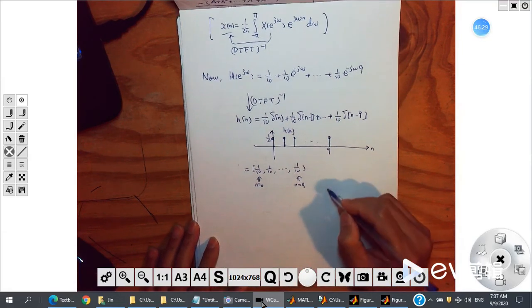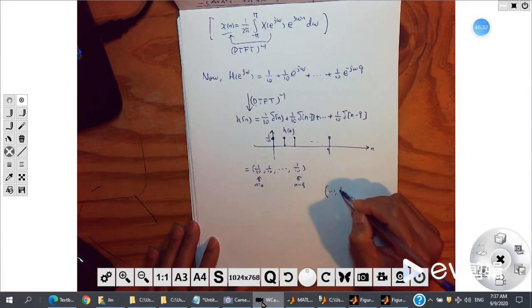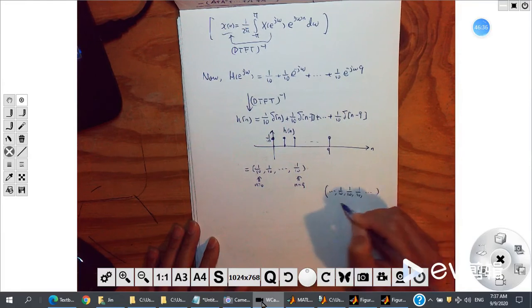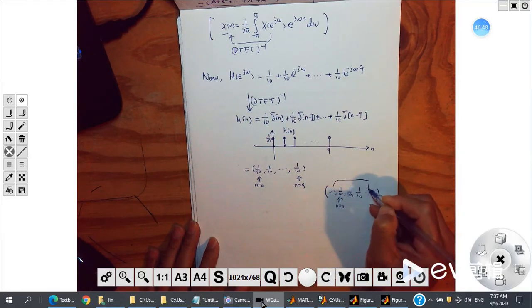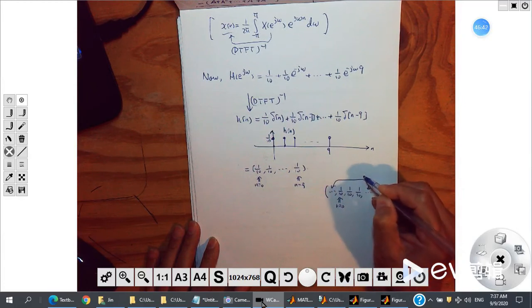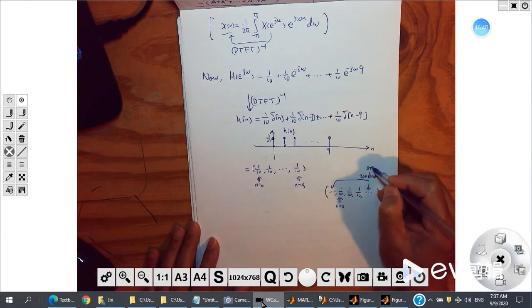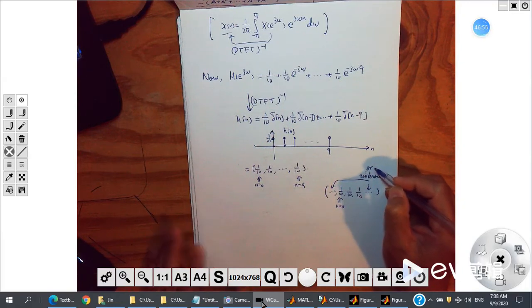If it's like this, here's n equal to 0, then you have this dot dot dot. That means unknown. You don't know what they are, or if you have some formula that looks regular.